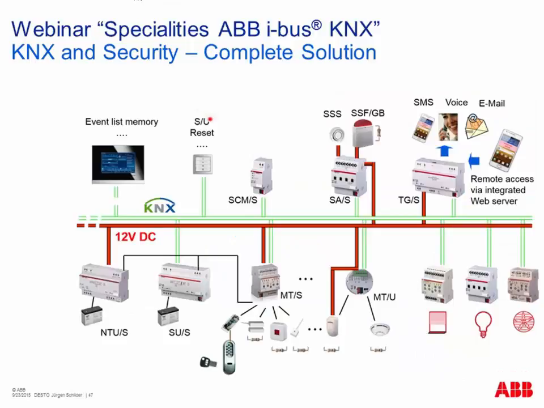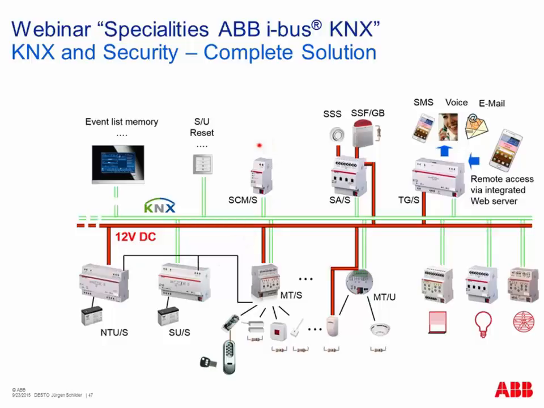And here you can see an overview of a system with KNX security components. Never forget, we need our KNX power supply, the uninterruptible one, connected to the battery. Additionally, a 12-volt uninterruptible power supply, also connected to a battery. So in case of power failure, our system is still running.